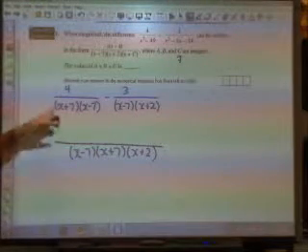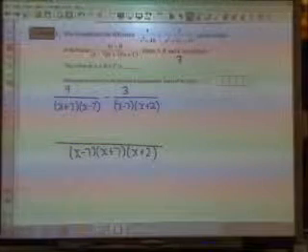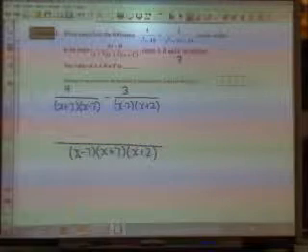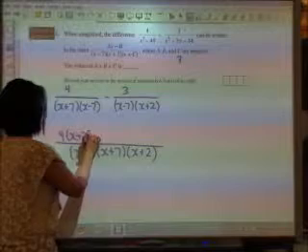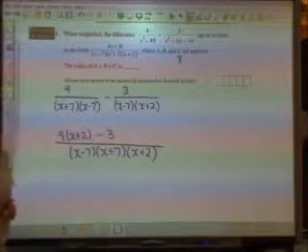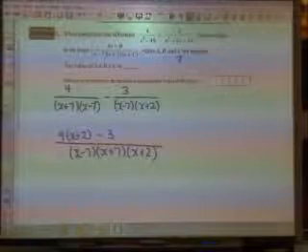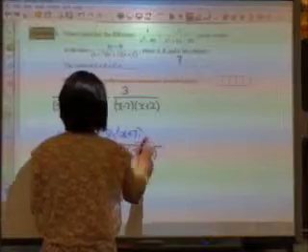So now to find the top, what do I have to multiply the first term by to get that common denominator? X plus 2. So I take 4 and multiply it by x plus 2. And what do I have to multiply the negative 3 by? X plus 7.